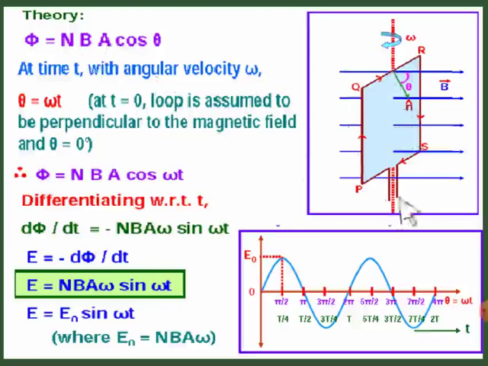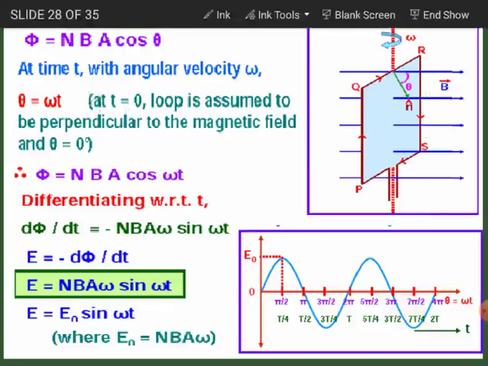A is the area of the rectangular coil, and theta is the angle between the normal to the area of the rectangular coil and the magnetic field. So phi is denoted by B dot A.